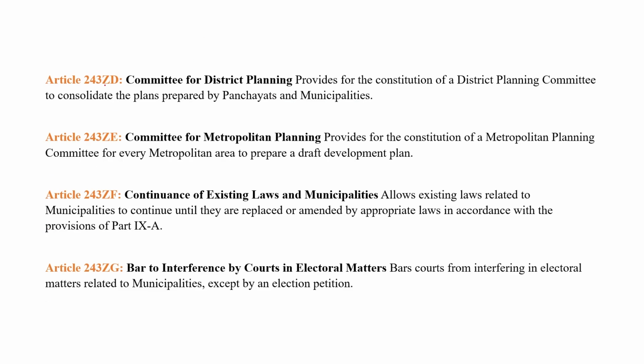Next is 243ZD, Committee for District Planning. It provides for the constitution of a district planning committee to consolidate the plans prepared by the panchayats and municipalities. So a district planning committee must be established to prepare the plan for both.